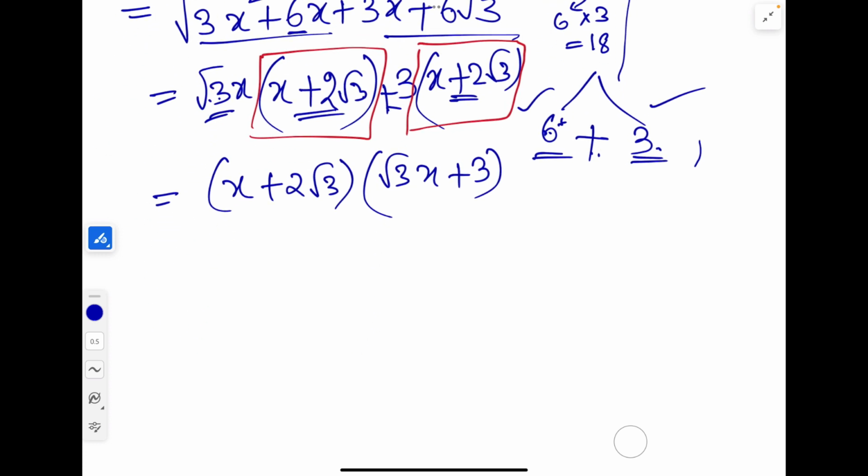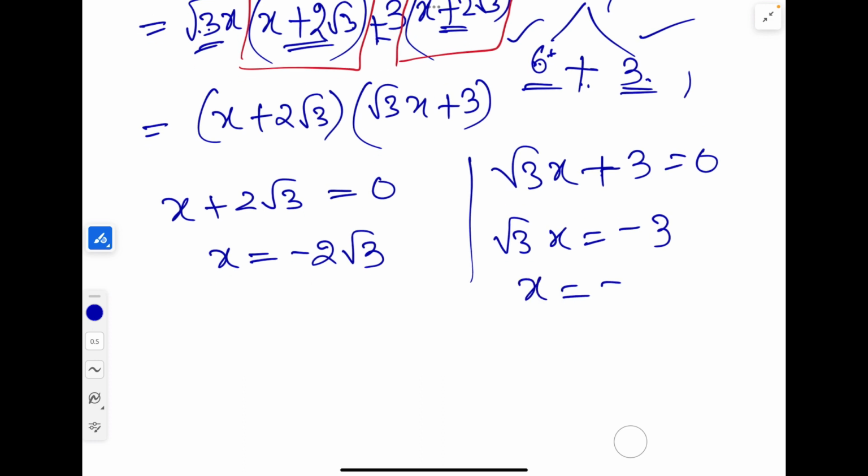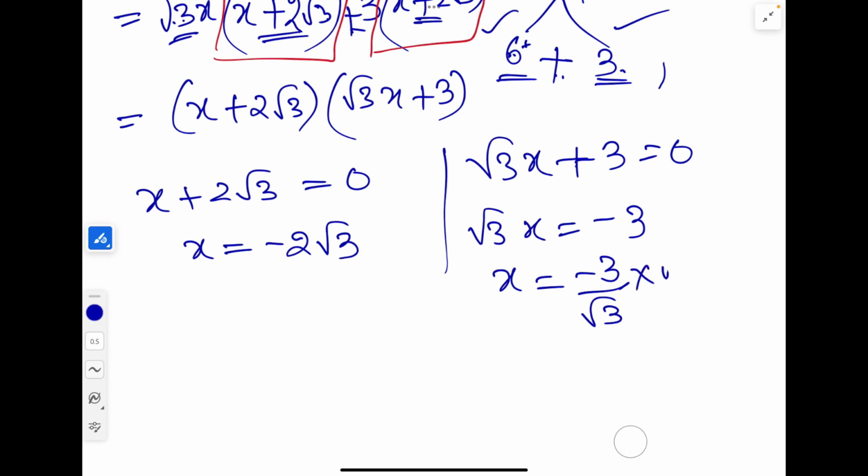These are the factors. Now we want the zeros of the polynomial. Equate to 0. So x is equal to minus 2 root 3. The other, root 3x plus 3 is equal to 0. So root 3x is equal to plus 3 goes that side and becomes minus 3. So x will become minus 3 by root 3. You can rationalize it, root 3 by root 3.